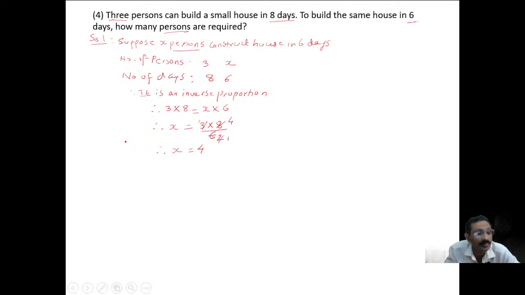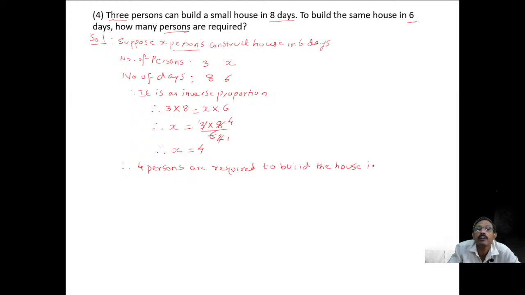So in the answer we'll write, therefore, how many persons are required? 4 persons are required to build the house in how many days? 6 days.